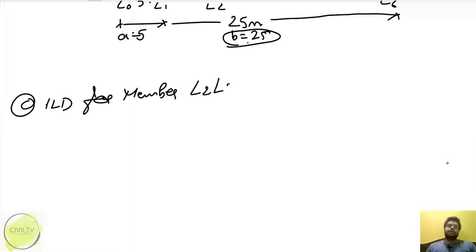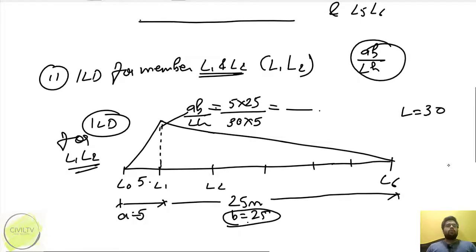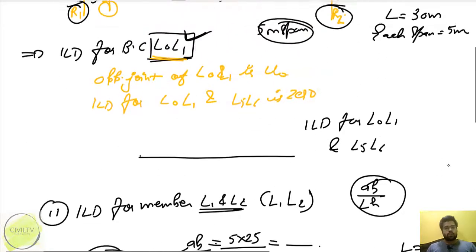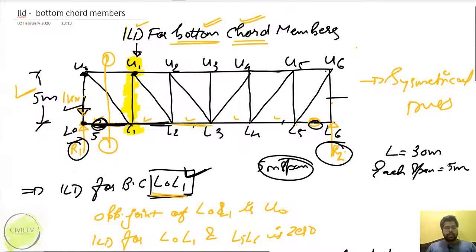L2 L3, all right. So what I will do, I will first look at what is the opposite joint of the member L2 and L3, ठीक है. L2 and L3, U2 is the opposite joint, right, and U2 is corresponding to L2, right. U2 जो है मेरा L2 के सामने है, ऊपर है. U2 is corresponding to L2, ठीक है.